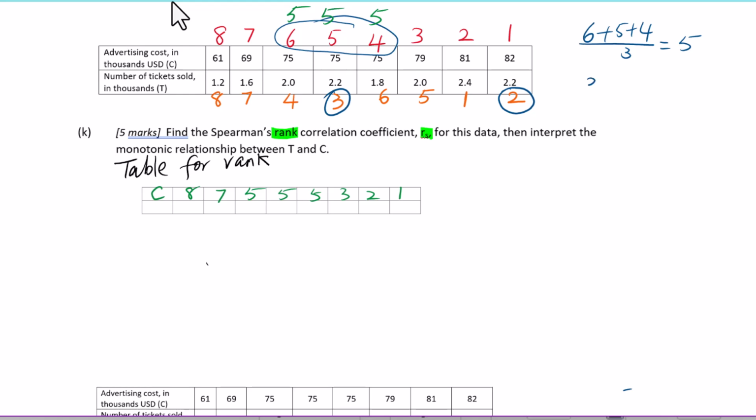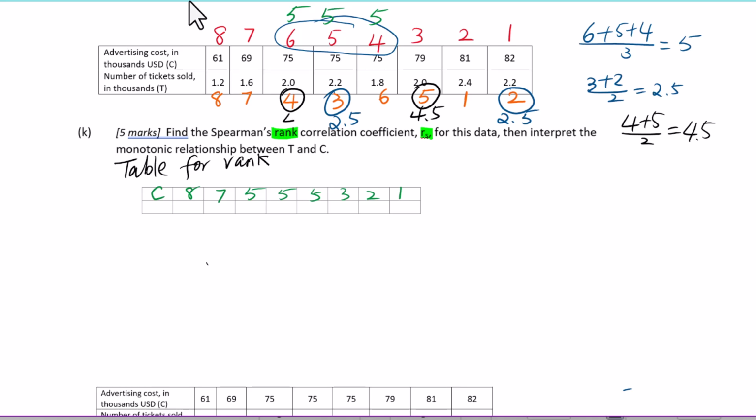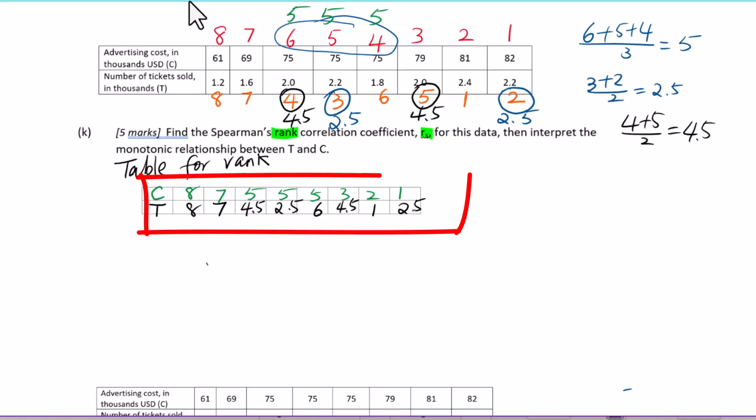Take average. 3 plus 2 over 2 equals 2.5. 2.5 for both. 5, 4 have the same data. 4 plus 5 over 2, take average, 4.5. 4.5, 4.5. Put this data into calculator.